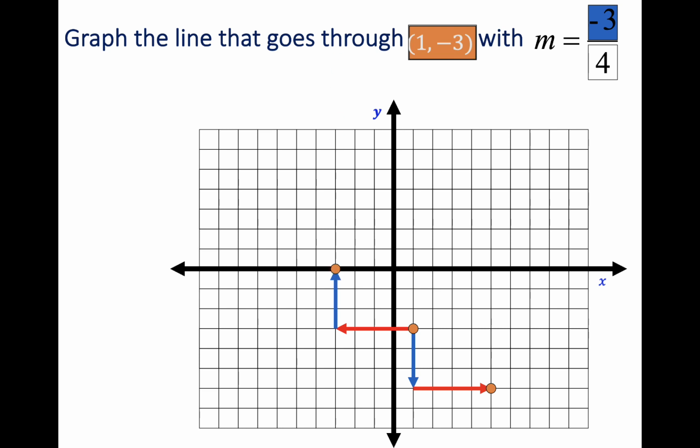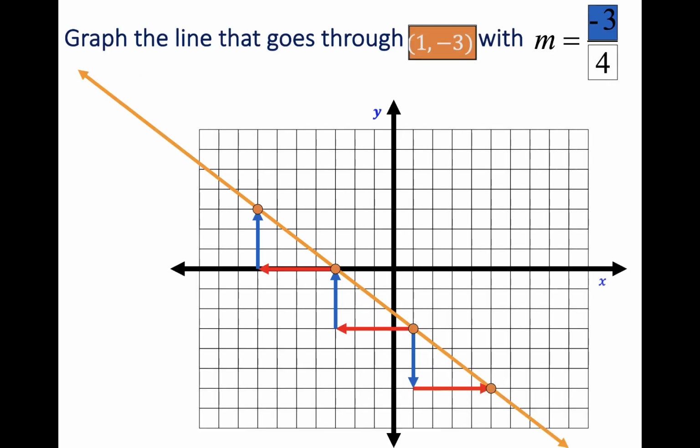Point, para makapag-create tayo ng line. Ayan yung ating graph. Nakita nyo ha, this is negative 3 and this is 4. Pabaliktad lang yan, para makuha natin yung kanyang line graph. So, yung line na nirap natin.